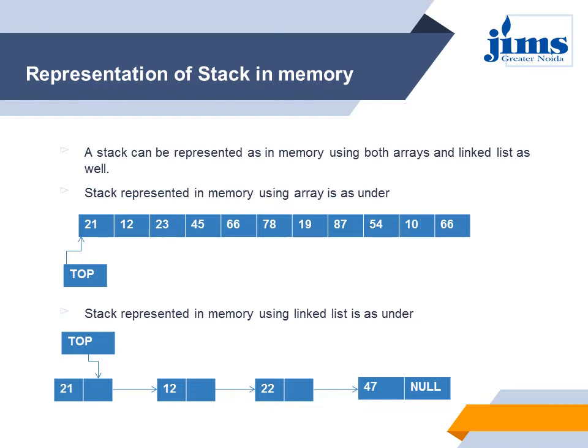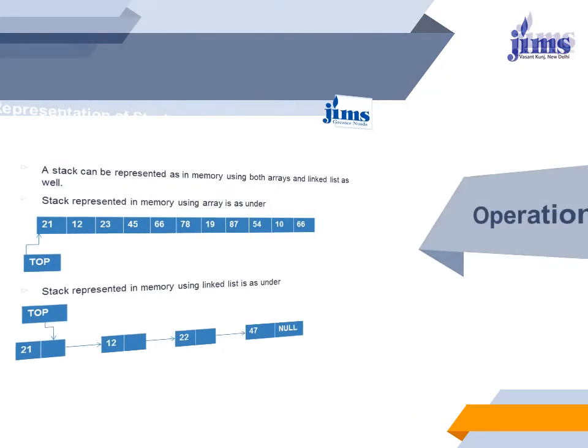Top represents the current position of the element. So 21 was the last element which was added to the linked list representation of the stack, and this will be the first element which will go out of it. So this represents the linked list representation of stacks in the memory.